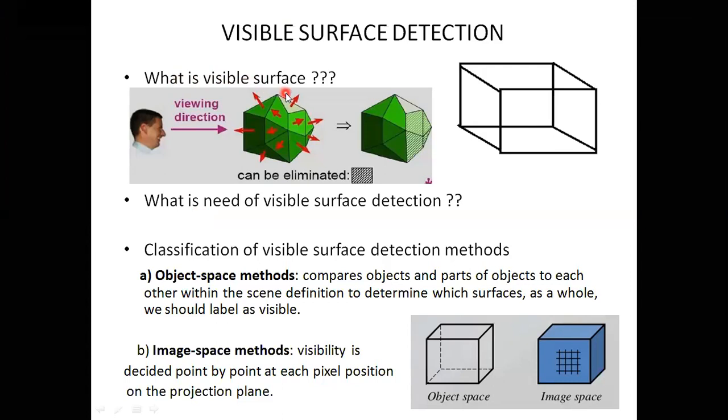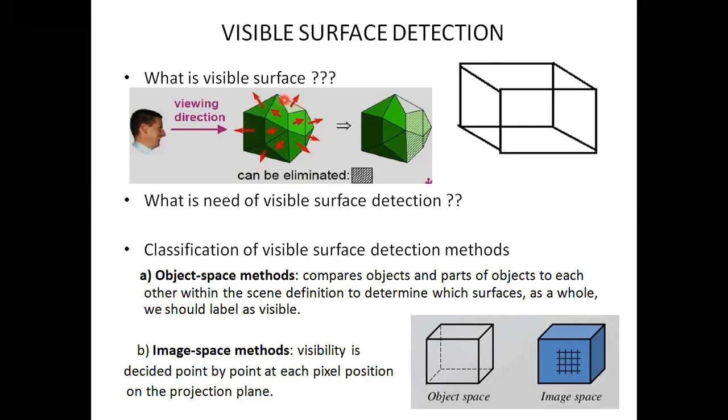So what is the first question? What is a visible surface? You can see here, this is my object, a 3D object. Visible surface detection comes into the picture only when we have 3D objects in hand. Now what is the visible surface in this 3D object? Only this face, this face, this face, and this face.